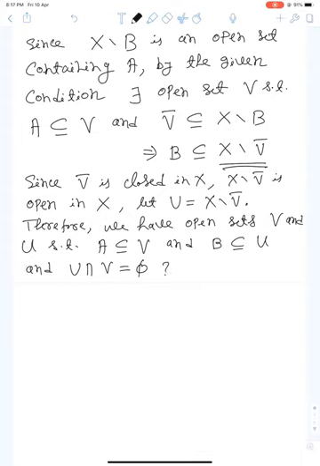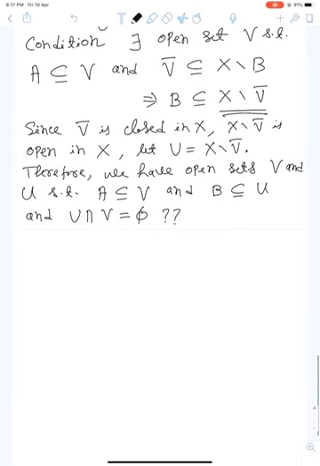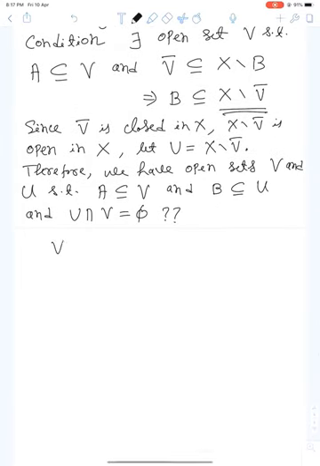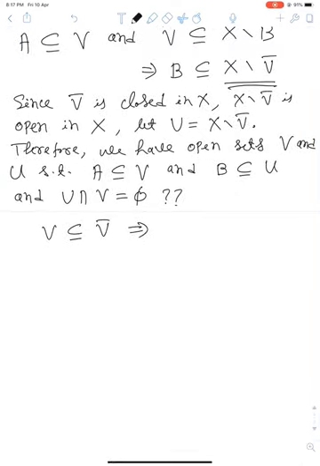Now why is this empty? Now the proof is also simple, or it is easy to see from the picture. So what is my V? So V is a subset of V closure. That implies you can write that V intersection X minus V closure is empty.